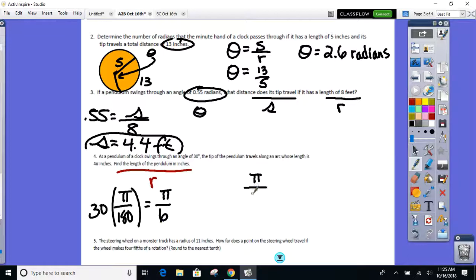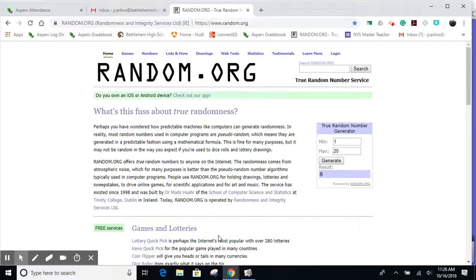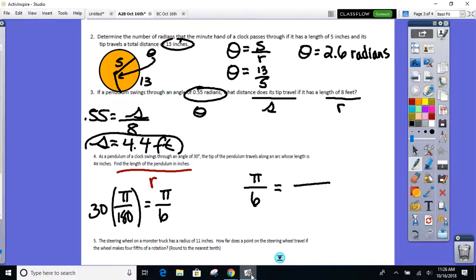So theta, pi over 6 equals, what's my S and my R here? What is my arc length? Read the problem through. Arc length, 4 pi.